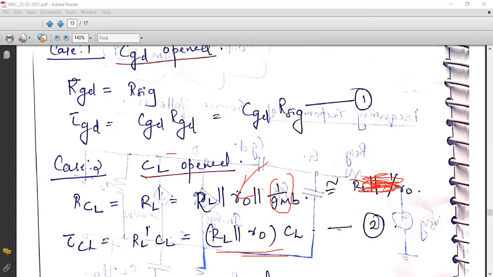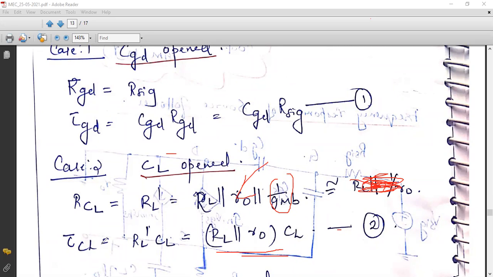If nothing is mentioned about chi, GMB, or VBS, it is understood that it is an ordinary common drain amplifier where body is tied to the source. In that case, we do not need to consider the body effect while calculating the frequency response. Otherwise, if the chi value is specified, it is understood that we have to take the body effect. We need to take GMB.